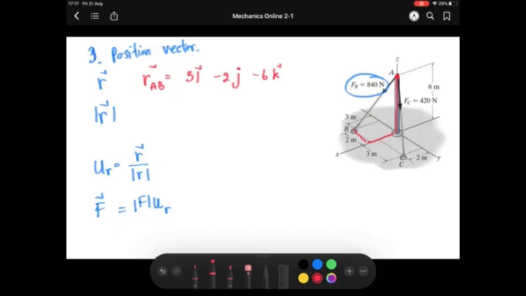After that, guys, I think there's some mistake before, so I will write it again. If you use B minus A, the point B is 3, minus 2 and 0, and I forgot to put the minus sign in here, minus 0, 0 and 6.